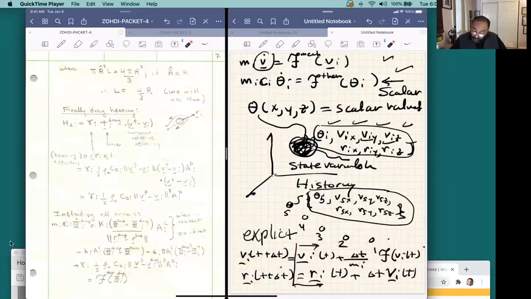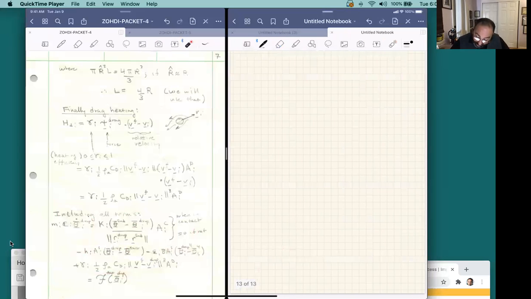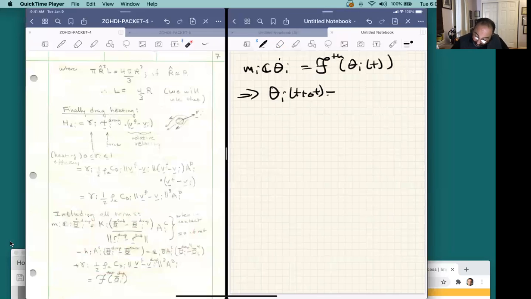Okay. Now, for the mass times the heat capacity, same issue. We again take the derivative. We take f of the thermo. We have theta i of t, and that immediately gives us also a theta i of t plus delta t equals theta i plus delta t over m i c i times f of theta of t i, and we're done.